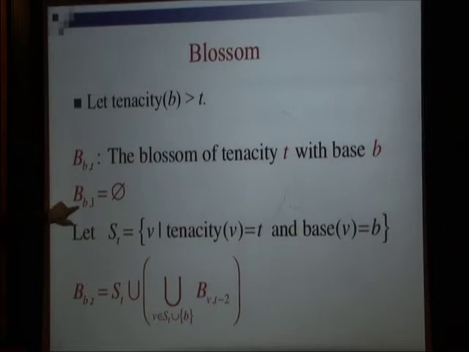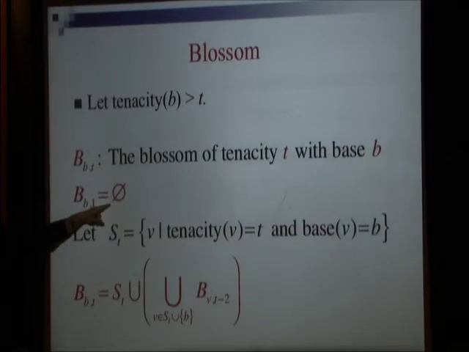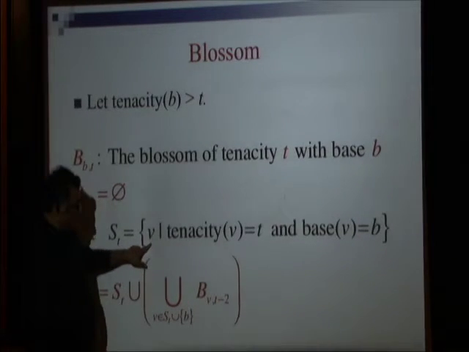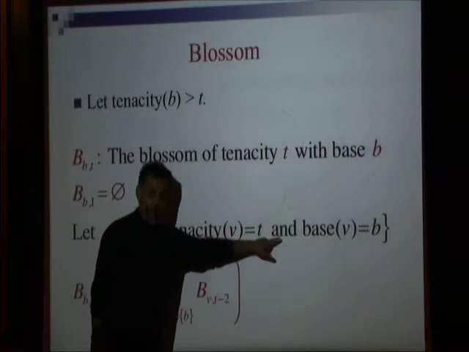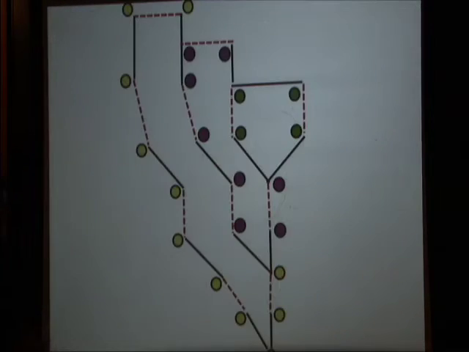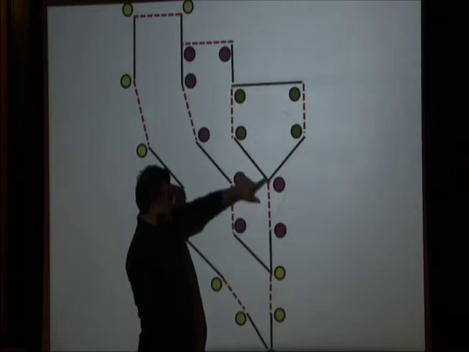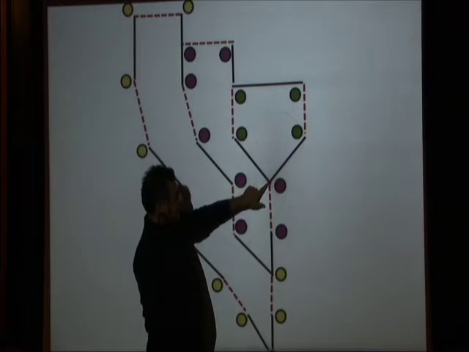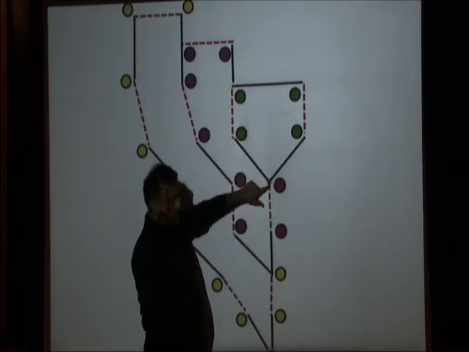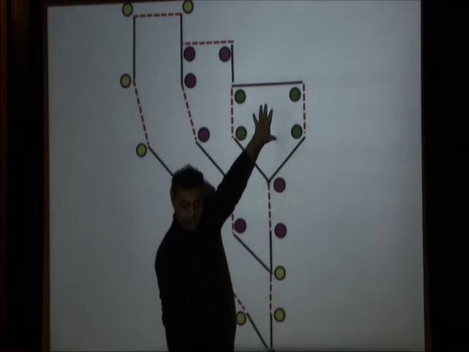The blossom with base B and tenacity 1 is the empty set. Let ST be all those vertices which are of tenacity T and have base B. Let me illustrate what ST is. If you want the green blossom with this base, ST is all the vertices with green tenacity and having this guy as base, which is these 4 vertices.